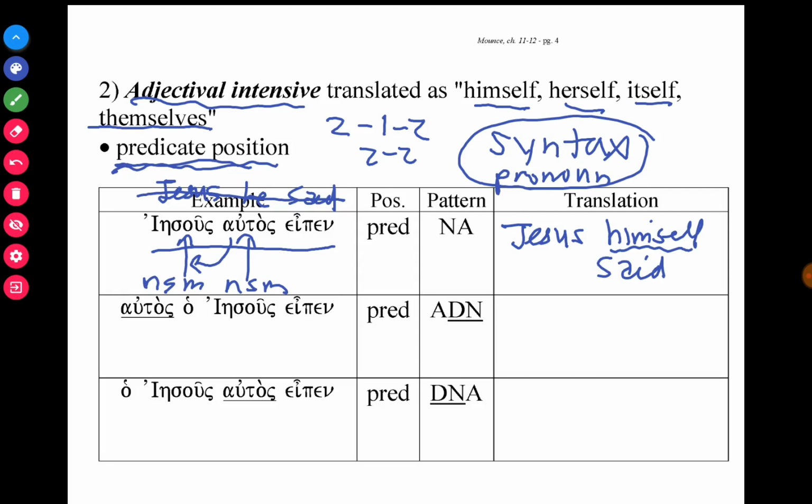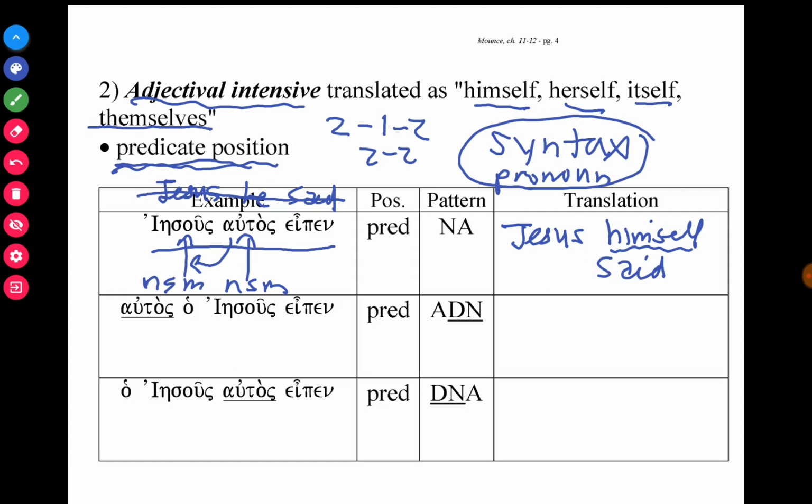It's a little bit clearer what the predicate position is when we actually introduce an article into the sentence. So this is what we call an anarthrous sentence because there's no article there. But in this sentence, it's articular, not anarthrous, because we have actually an article being used.